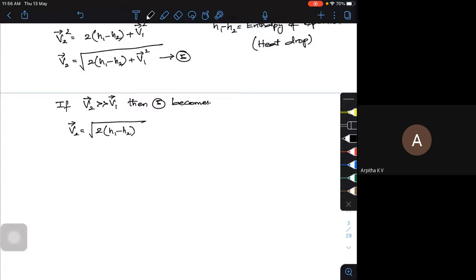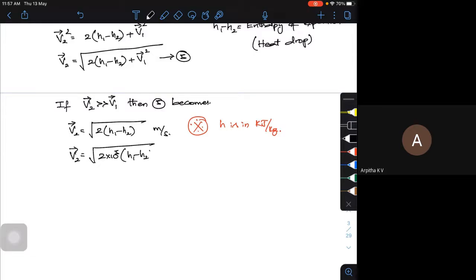And you have to be careful here. Most of the times when you are doing the numericals, this H1, H2 value, what you get from your steam tables or from your Mollier diagram, your H is in kilojoules per kg. So when you are getting velocity, what is the unit for velocity? The unit for velocity is meters per second. So we need to write this as V2 is equal to square root of 2 into 10 to the power of 3 into (H1 minus H2).